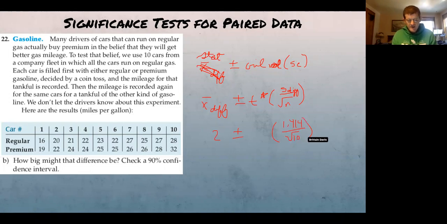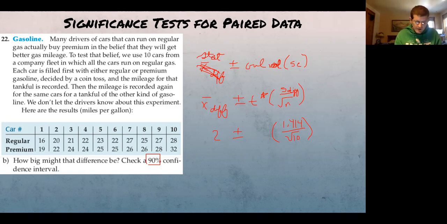Now for the t critical value, you can go to your table and look at the 90% column, go up until you find 9 degrees of freedom. Alternatively, you can do your inverse t in your calculator. It's going to be a 0.05 area with 9 degrees of freedom.